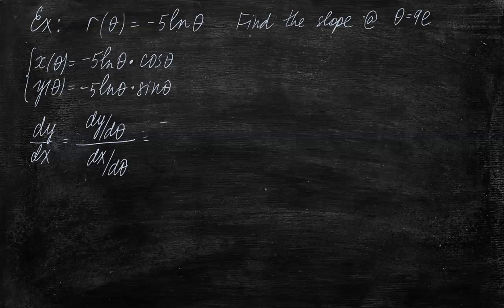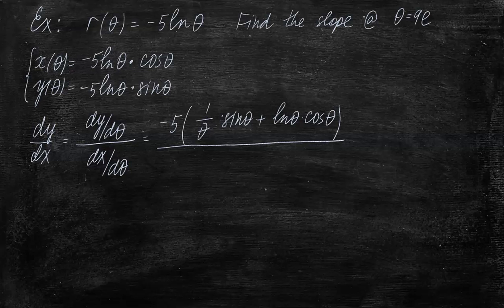So the product rule: we're going to have negative 5, and we're going to have the derivative of ln times sine plus ln times cosine, and the same thing with the denominator. We're going to factor out negative 5, so we have 1 over theta times cosine plus ln theta times negative sine.